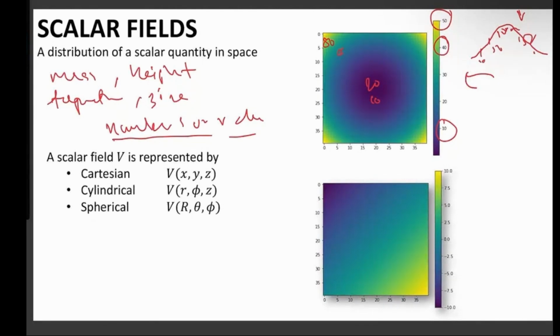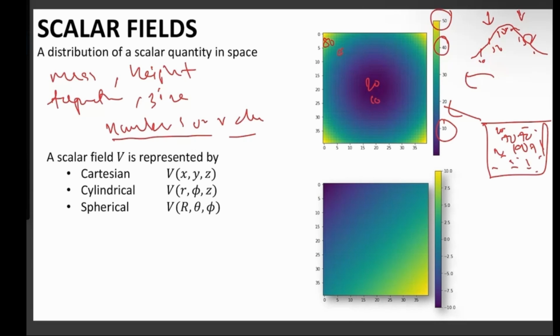So we can represent it in scalar like this: 10, 100, 70, 20, 50, 70, 50, 10. Okay, this is when we look from above, we call it a contour.